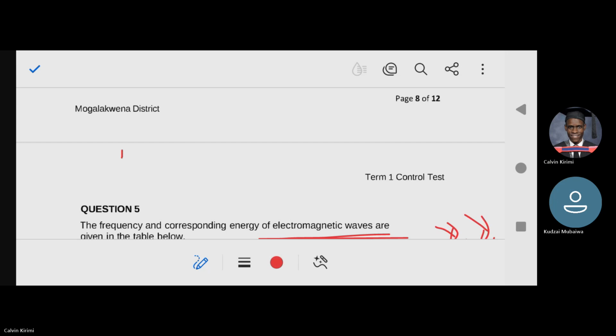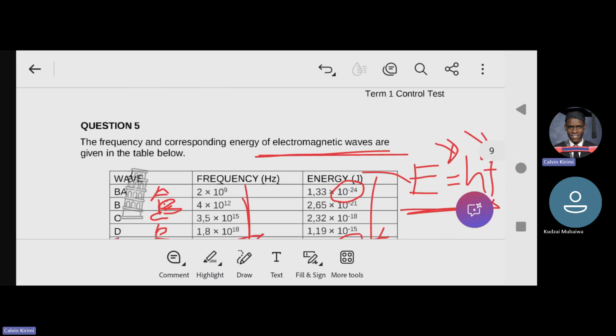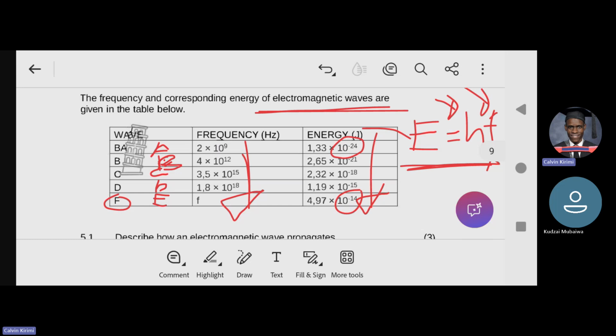And that E, in terms of joules, is 4.97 times 10 to the power negative 14. You write it down.